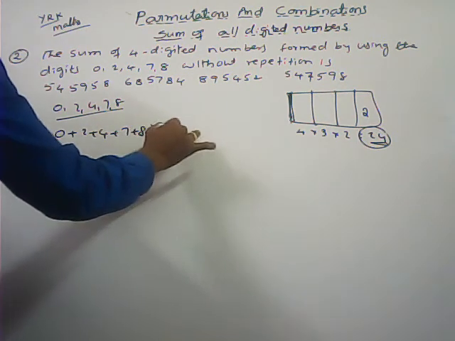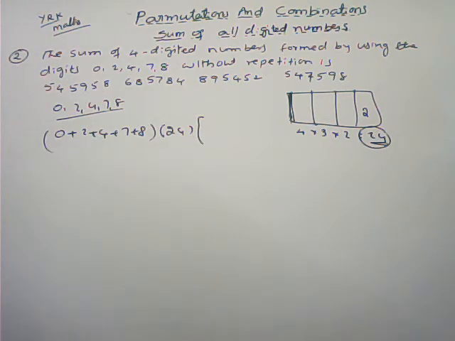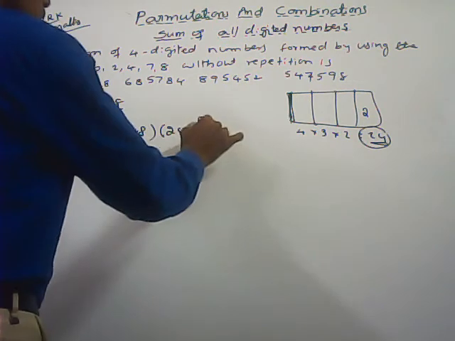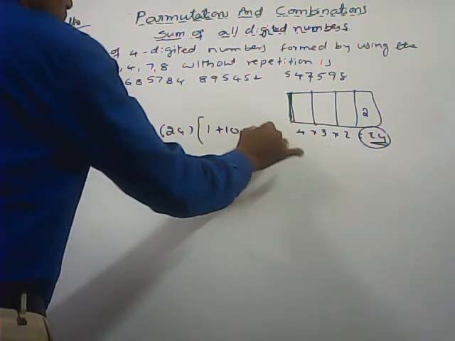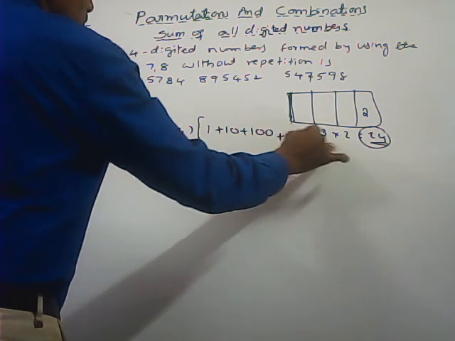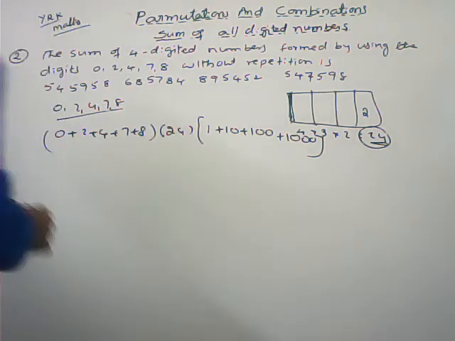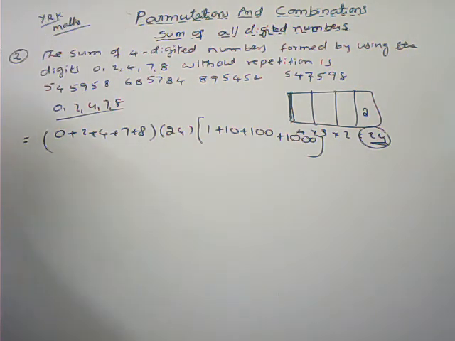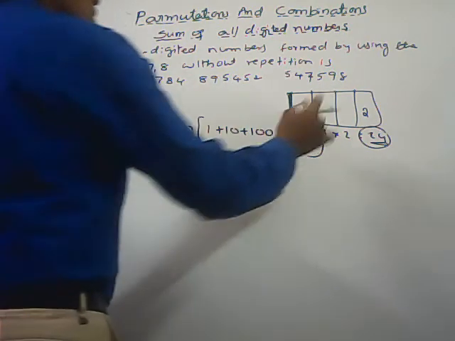Everything is repeating 24 times in whatever be the place value, in the units place, tens place, hundreds place, thousands place. So this one we got, the sum of all the 4-digit numbers, minus what I am subtracting here.